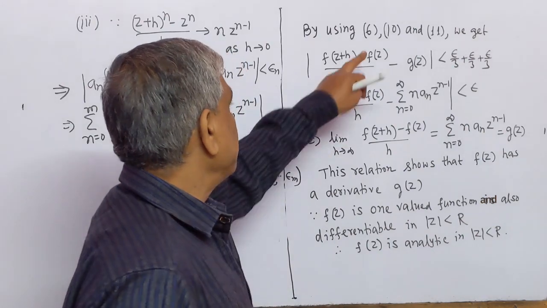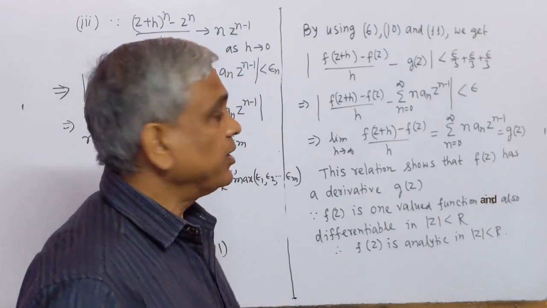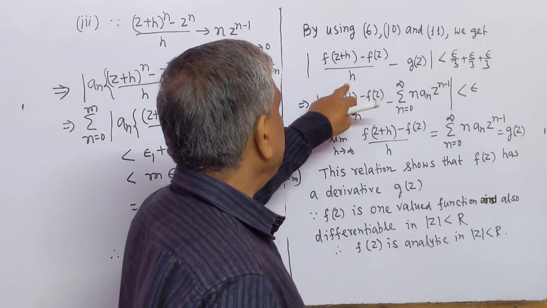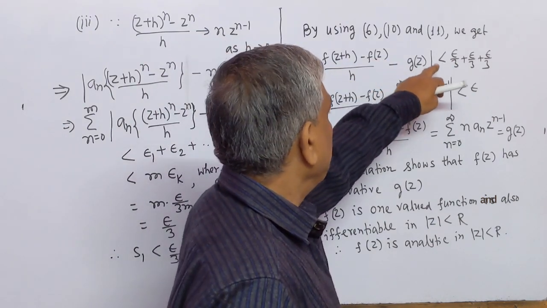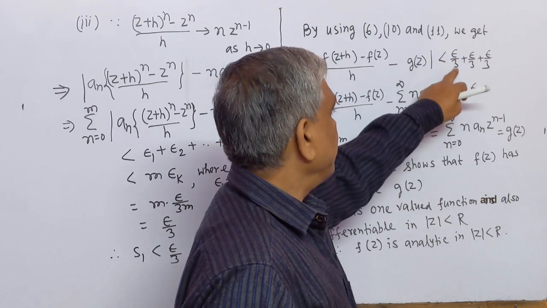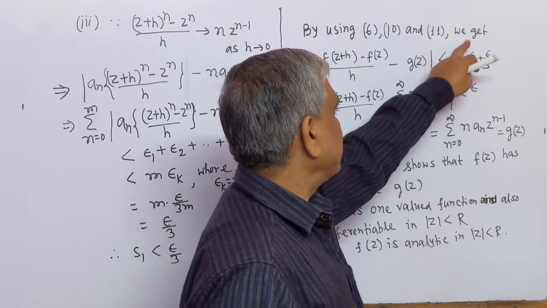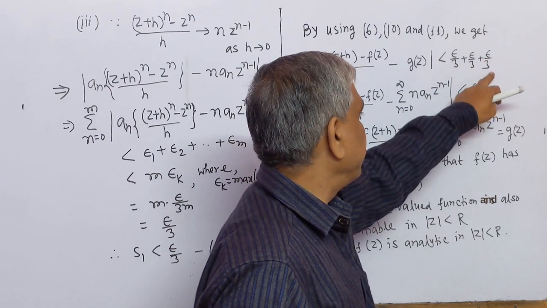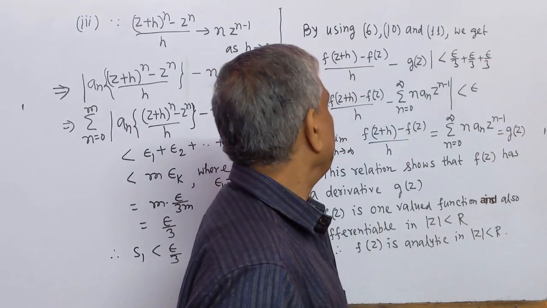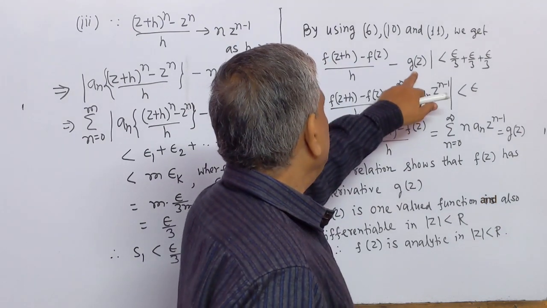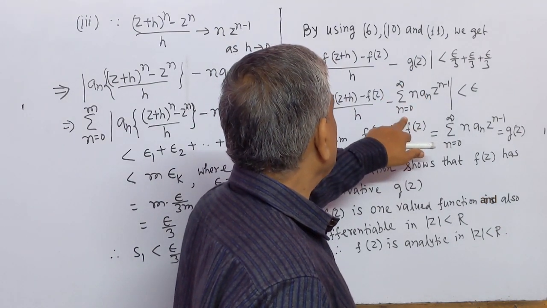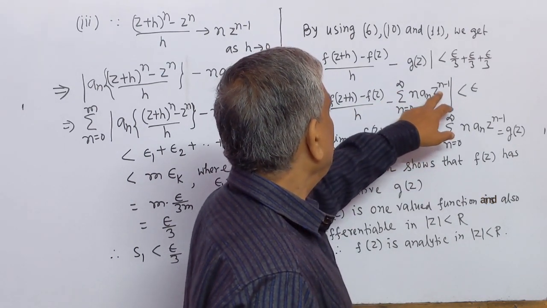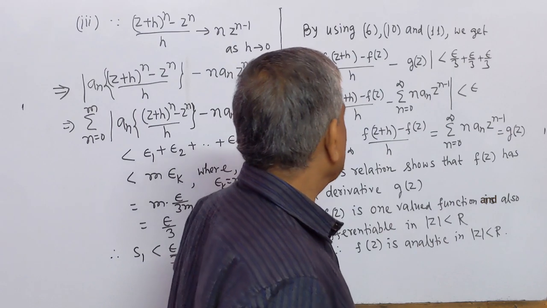By using 6, 10 and 11 we get modulus of (f z plus h minus f z) by h minus g z is less than S1, which is less than epsilon by 3, S2 is less than epsilon by 3 and S3 is less than epsilon by 3, and this is epsilon. We put the value of g z, sigma n equal to 0 to infinity n an z to the power n minus 1.